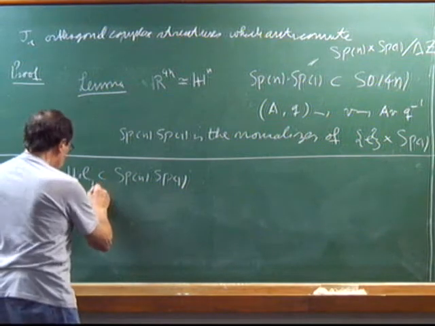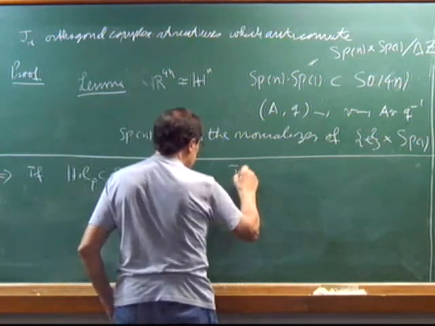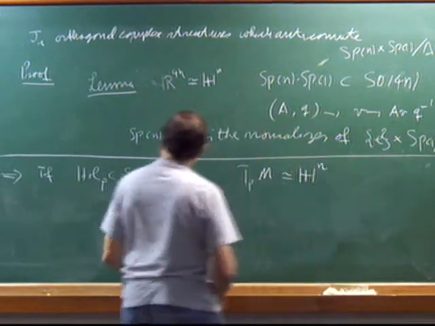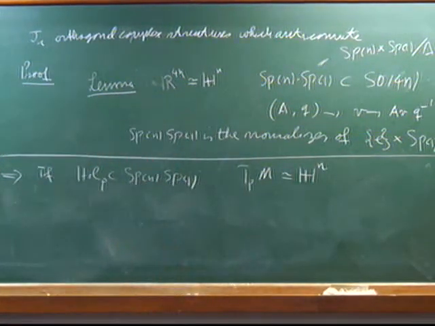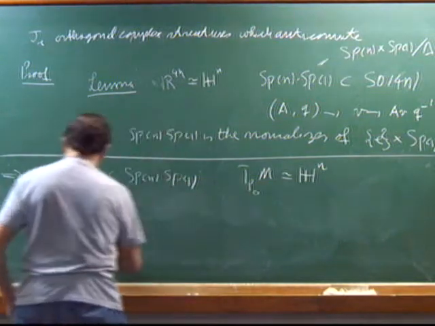You're picking a point P, some base point where I do the holonomy. This notation means I've already identified TpM with Hn, and it acts in the standard form on Hn. Let's call this point P naught. This is my fixed point.